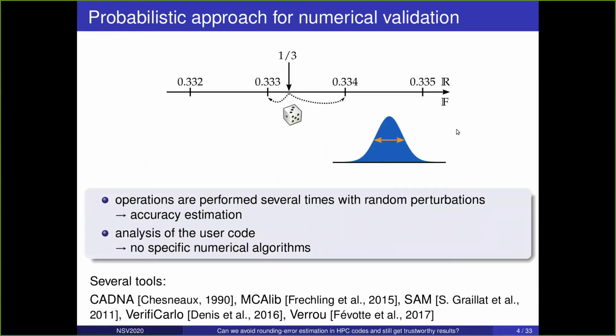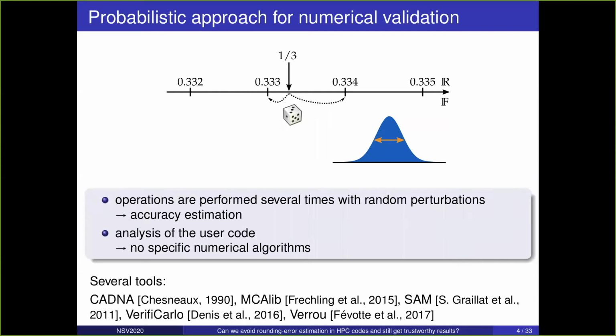So rounding errors can be analyzed using a probabilistic approach. With such an approach, operations are performed several times with random perturbations. And so from the different results obtained, the accuracy can be estimated. One advantage is that the user code is directly analyzed.